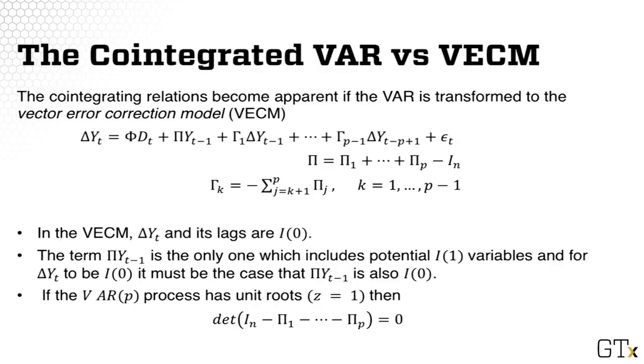In this definition, the matrix Pi is 1 minus the sum of the Pi_i matrices in the original VAR model. This first component, Pi times Y_{t-1}, is the only part that can be integrated of order 1. All other components are differences of the lags t-1 to t-p+1 and hence are stationary.